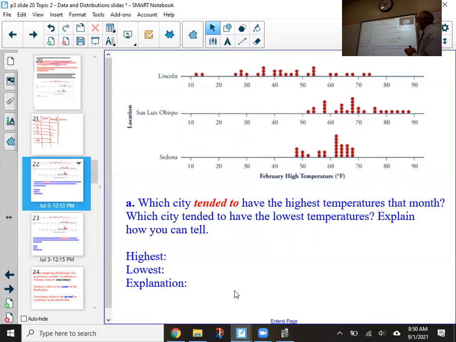Don't rush, but let people look at it. It seems pretty clear to me that the highest average temperatures were in San Luis Obispo. You can just see it's farther up the scale. The lowest average temperatures, I would say, were in Lincoln, Nebraska, because none of the other cities have anything below like 48, and Lincoln, Nebraska had quite a few days that were rather chilly.